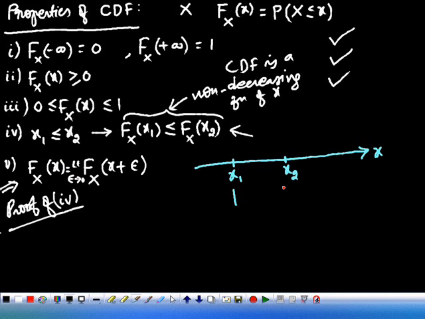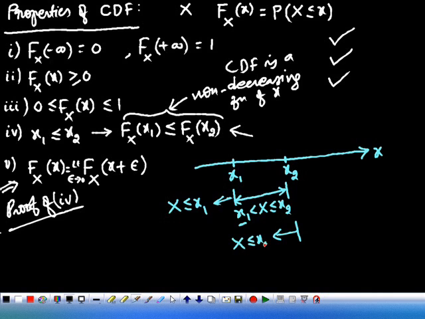So definitely this interval can be written as an event in which the random variable x can take the values between x1 and x2. And if you consider this interval below x1, that can be written as random variable x taking values less than or equal to x1. See, here x1 is not included, but here x1 is included. Similarly, if you consider this portion, it is x taking values less than or equal to x.